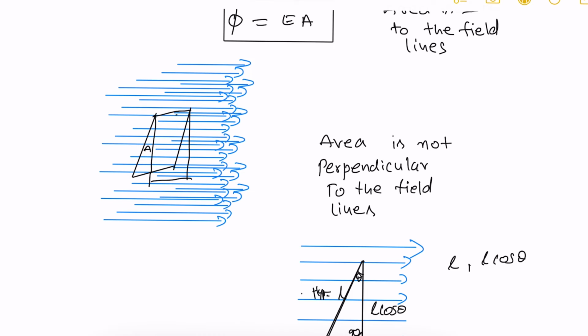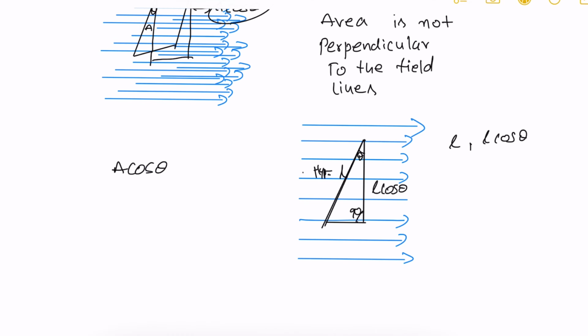If it is shifted by perpendicular projection to the field lines, then A cos theta. Now the area becomes A cos theta, where theta is the angle between the original place of the area and the perpendicular projection of the field lines. So the area becomes A cos theta.